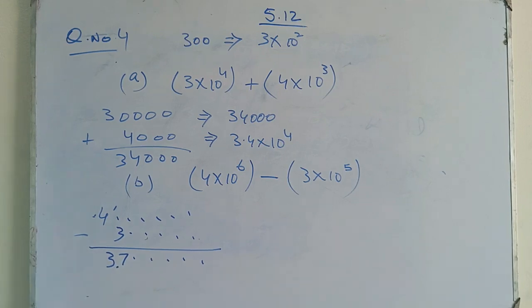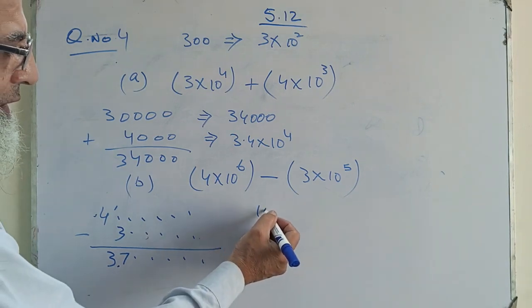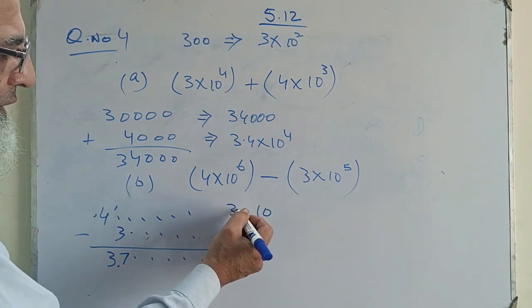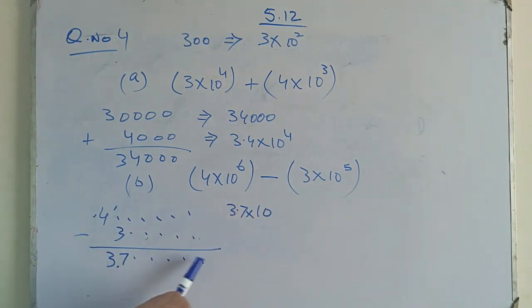We'll place the point over here, so it will become 3.7 into 10 raised to power 6, 1, 2, 3, 4, 5, 6. So this is your answer.